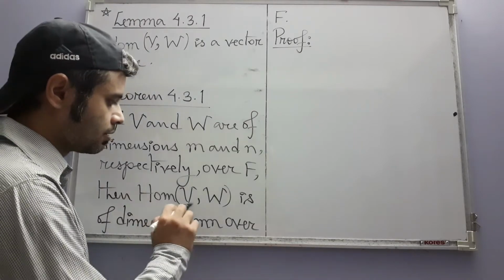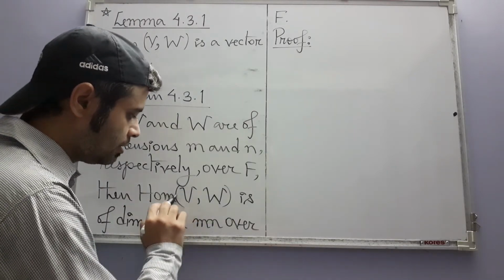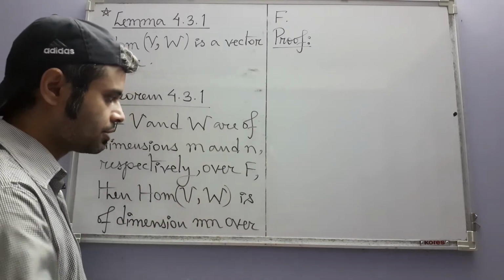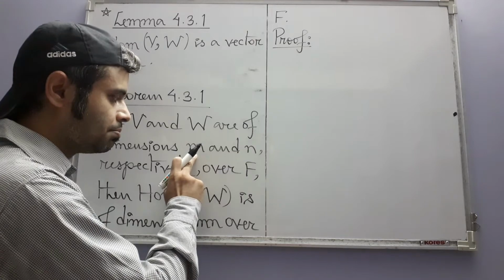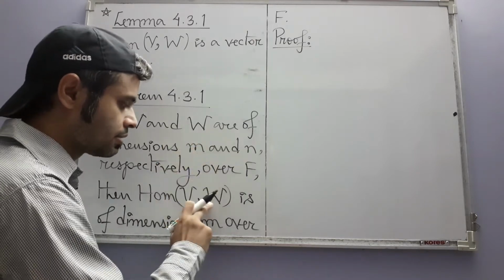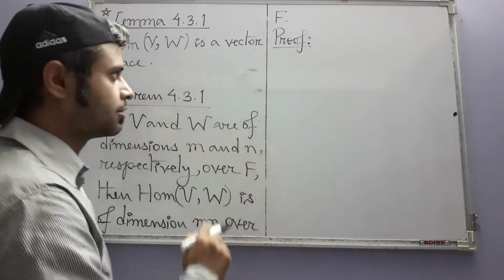So let us start off by choosing bases for V and W because they are given to be finite dimensional. The first one should have a basis with m vectors and the second one should have a basis with n vectors.